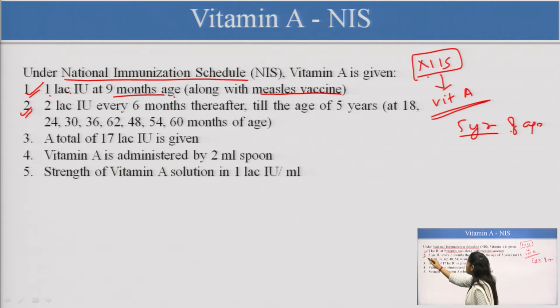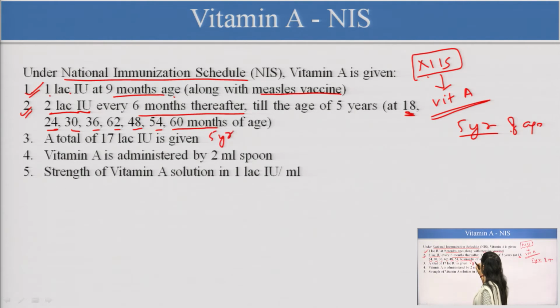So, with the measles vaccination, the vitamin A dose is given. After that, we will increase the dose by another 1 lakh, so that it is equivalent to 2 lakh international units every 6 months thereafter. So, we will provide it at 18 months of age, then at 24, 30, 36, 42 and 48, 54, till 5 years of age.